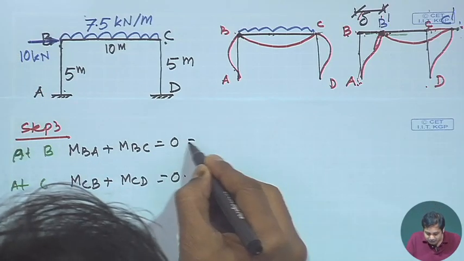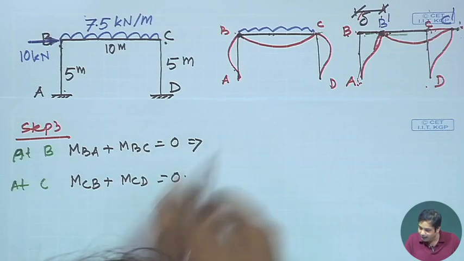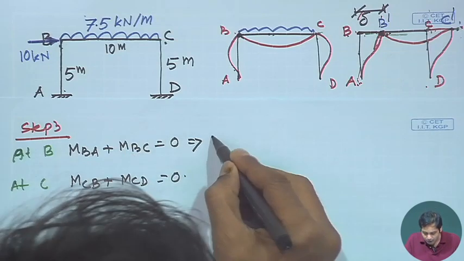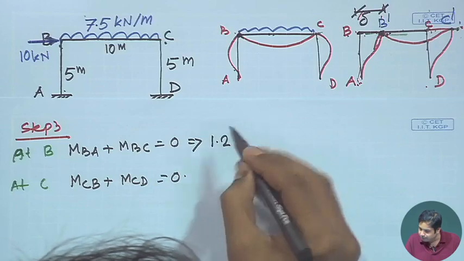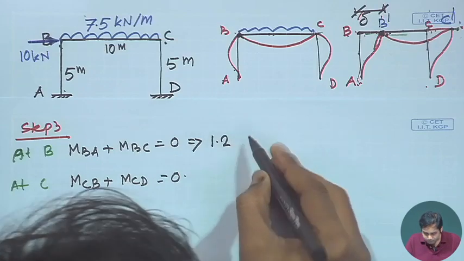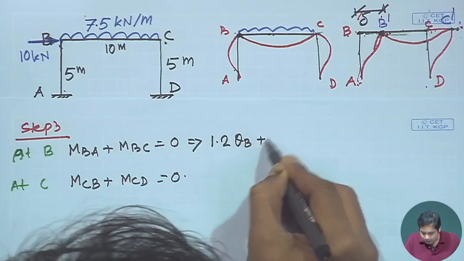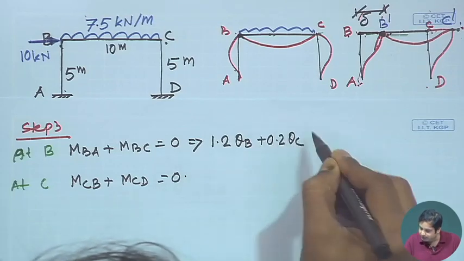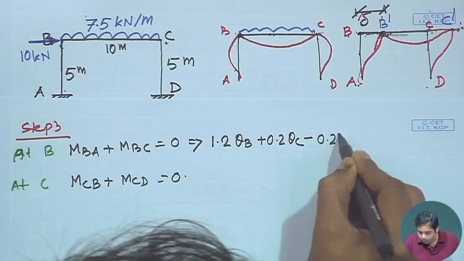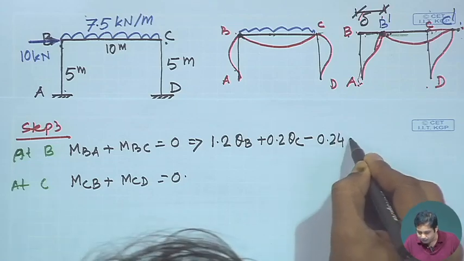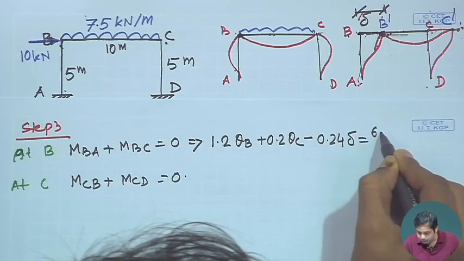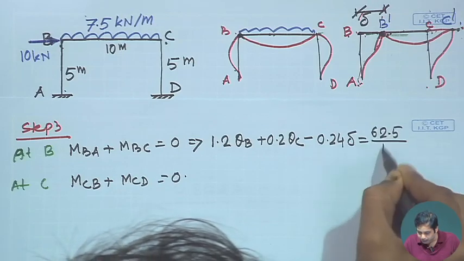Now this will give, the expression at B is like this: 1.2 theta b plus 0.2 theta c minus 0.24 delta is equal to 62.5 by EI.